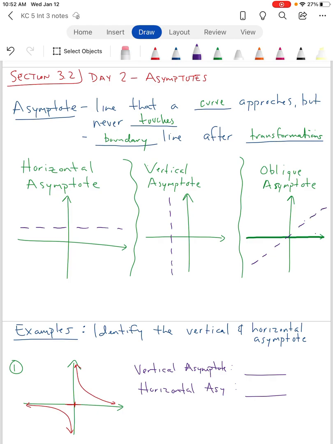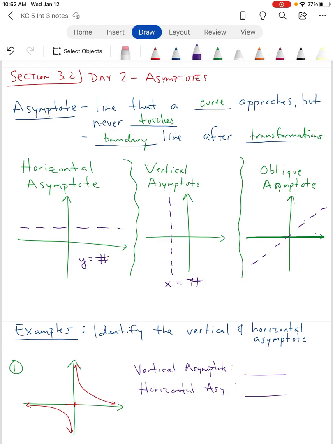Okay, now when you have a horizontal asymptote, the equation to that boundary line would be y equal to whatever number it crosses on your y-axis. Now, the vertical asymptote is very similar. Since it crosses the x-axis, that equation would be x equal to whatever number it crosses on your x-axis.